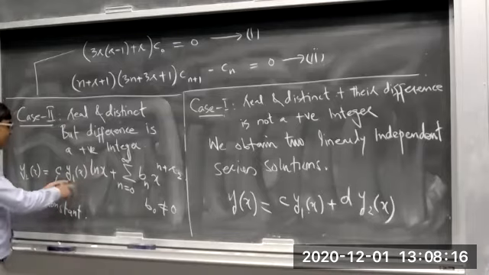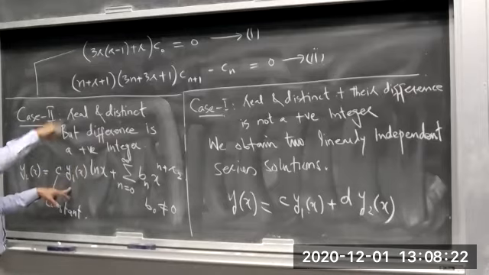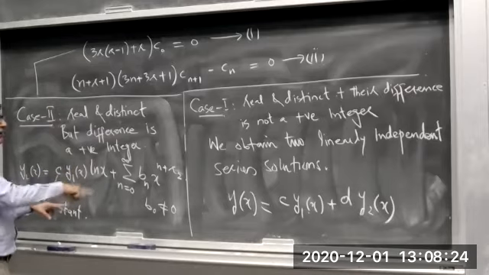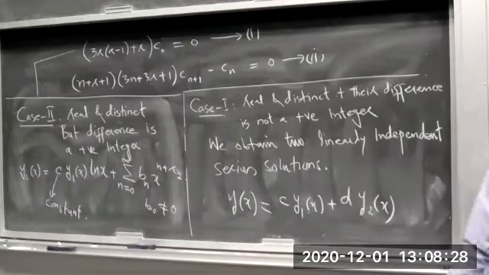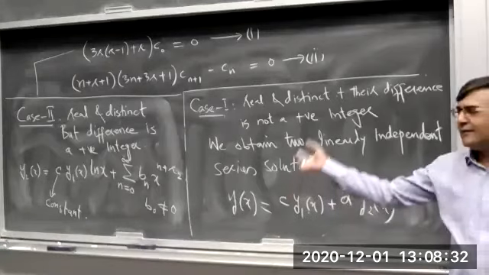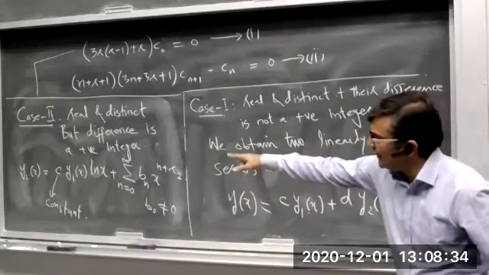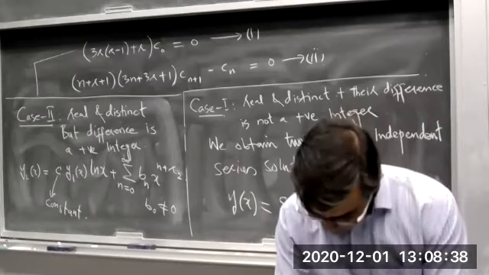So when you put this part of the series into the given differential equation, this term will be eliminated because y1 is a solution. You can simplify the calculations by assuming that y1 is a solution. I hope you can do it.